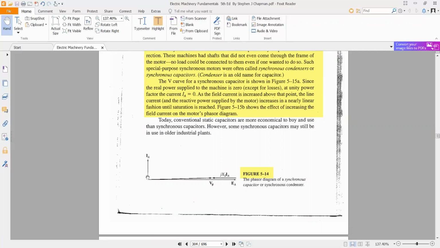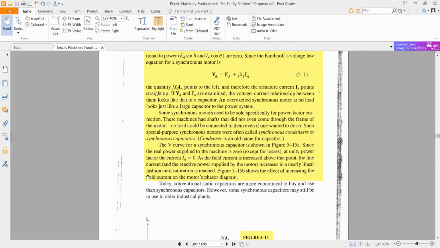It is only used for the power factor improvement, and is acting like a capacitor on the system. This motor at no load is just acting like a capacitor on the system. So in the past, there were some motors that were sold only for the power factor correction purposes, and these machines had shafts that did not even come through the frame of the motor.